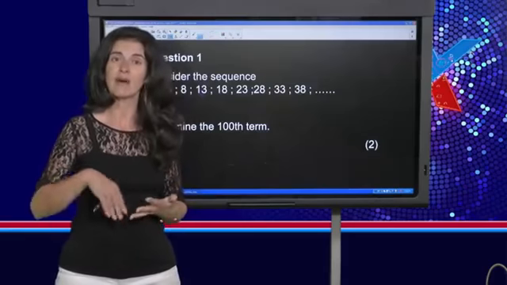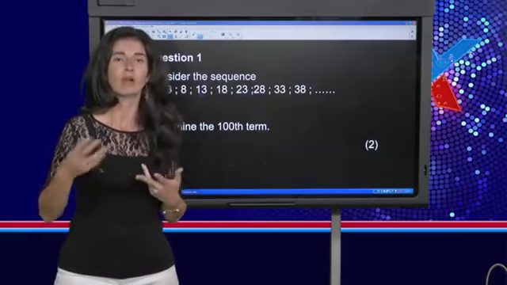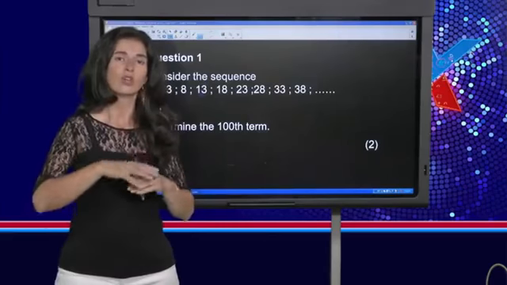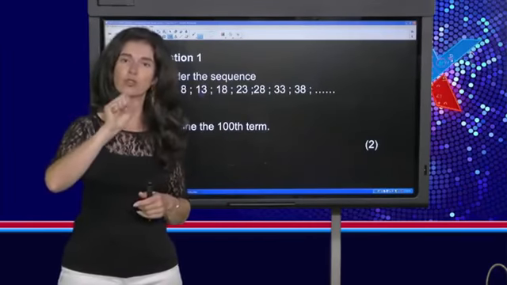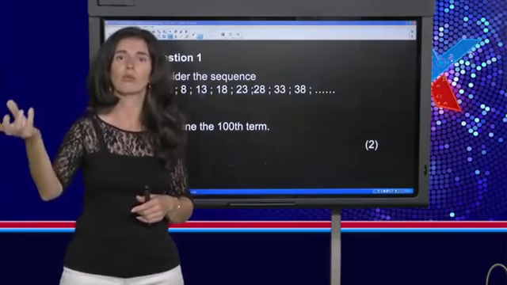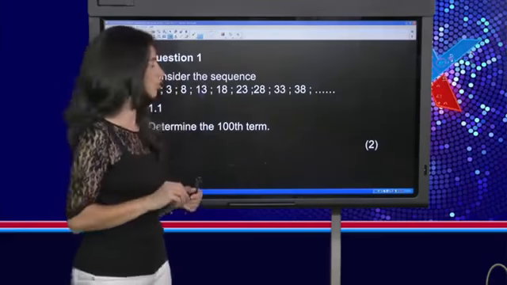Is it arithmetic? Am I adding the same thing all the time? Am I multiplying this by the same thing all the time? So to determine that, how much am I adding all the time, I would take the difference of the two terms, and to determine what I'm multiplying, I would do the inverse. I would divide each of the two terms.